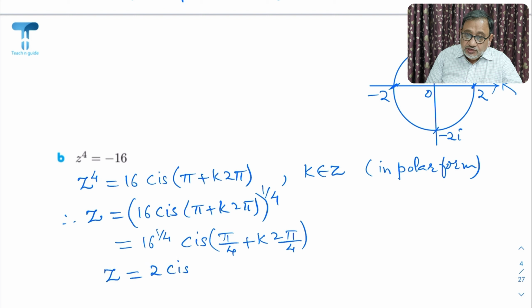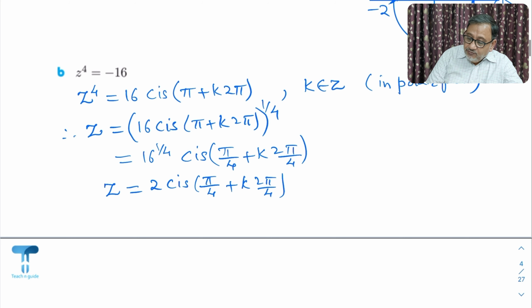So 2 cis pi by 4 plus k into 2 pi by 4. Now k is going to take the values 0, 1, 2, 3. Like that we are going to get 4 roots.